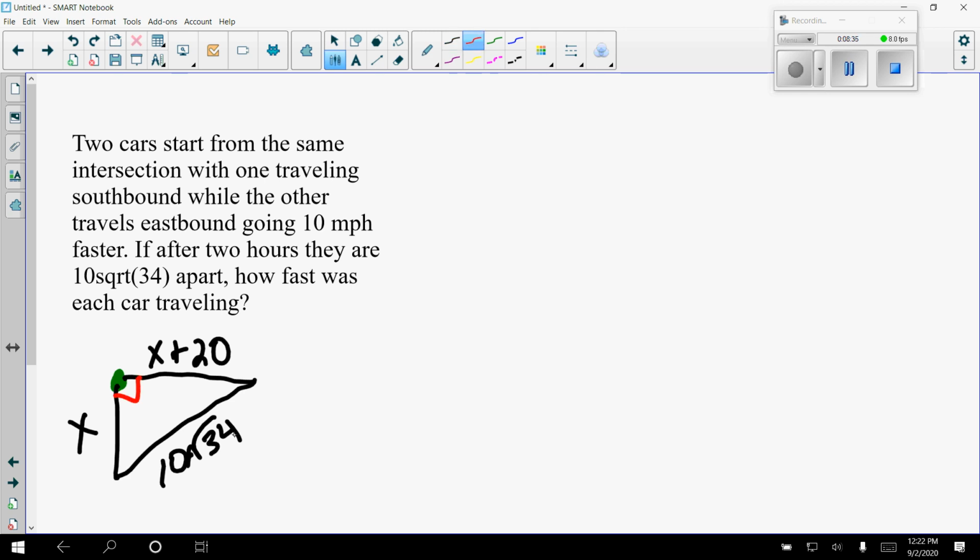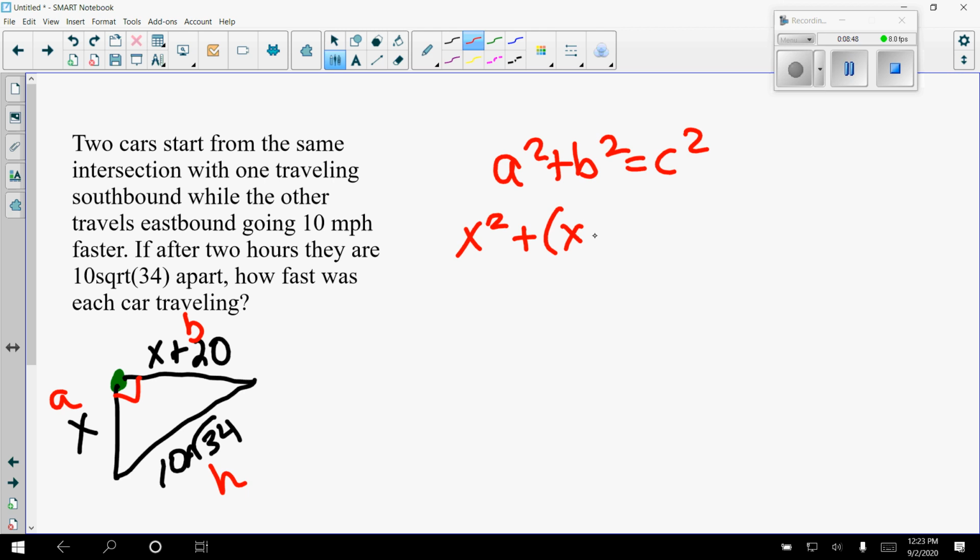So here's my right angle. This is my hypotenuse, these are my two legs. So when I set this up into a squared plus b squared equals c squared, my a is x, my b is x plus 20, and I'm going to put this in parentheses because the whole thing is x plus 20, and that's going to equal 10 square root 34, squared, also in parentheses.